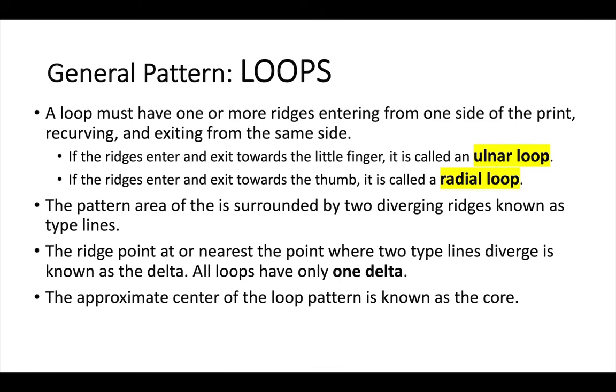If the ridges enter and exit towards your pinky finger, it's called an ulnar loop. If the ridges enter and exit towards the thumb, it's called a radial loop. So what does ulnar and radial mean? Well, these are the two bones that lead to your hand.